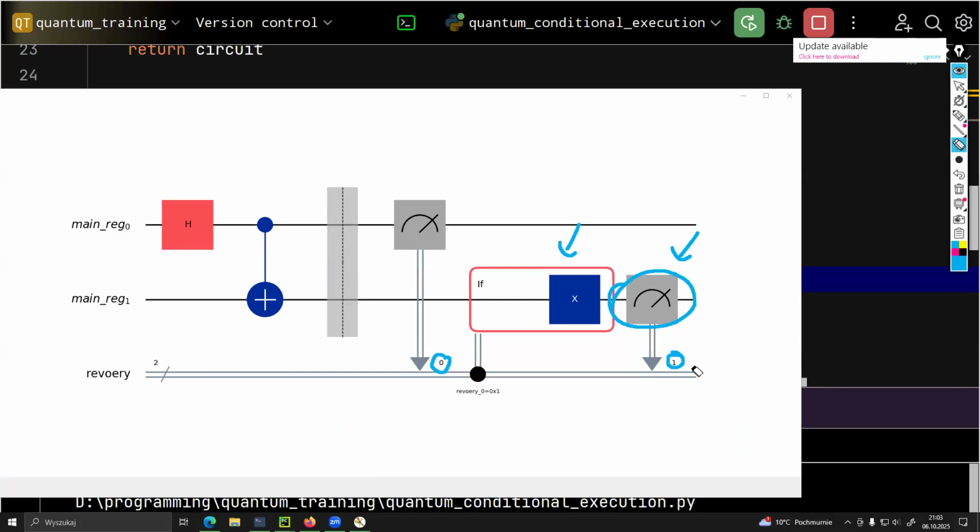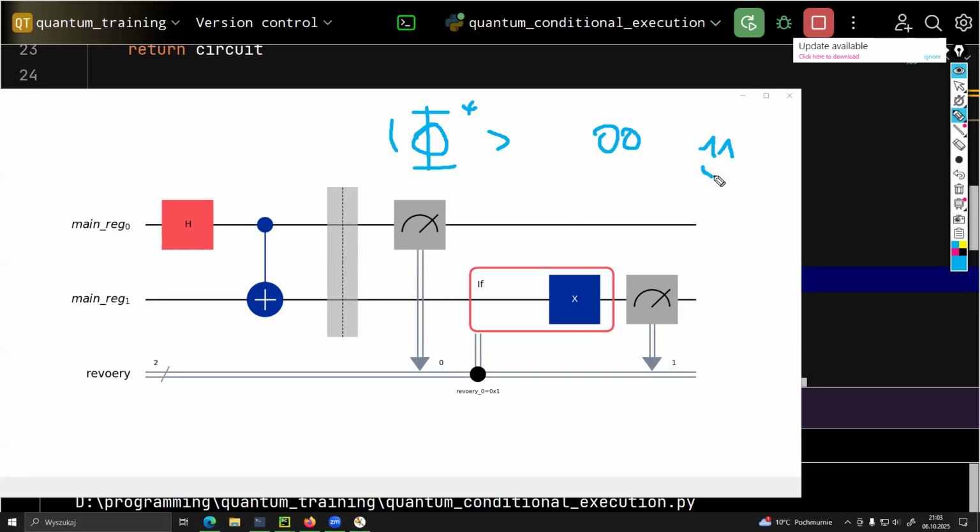Well, okay, I won't hold you more. So the result is that, since we have a phi plus state, we have either 0, 0 or 1, 1. So if there is 1, the second bit is also always 1.